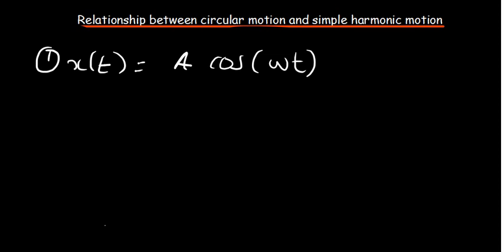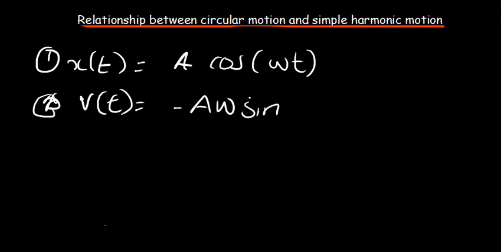What about the second one, when we want to calculate the velocity? The velocity as a function of time is given by negative A w times sine, although it's just the same thing we were doing. Then number 3, we have the acceleration.